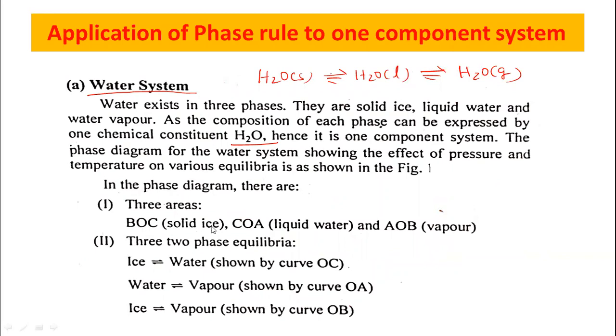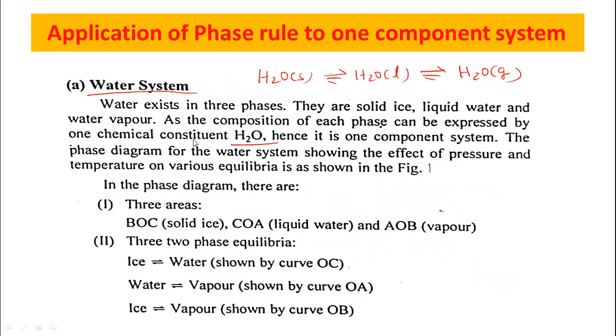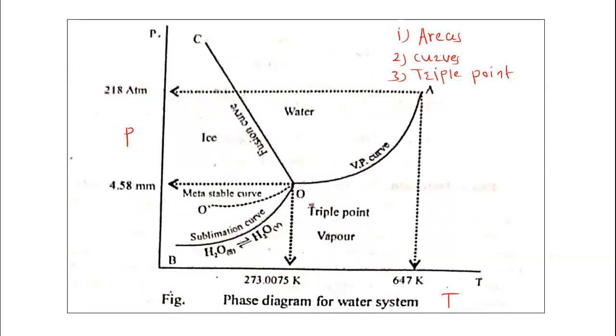Area BOC is for solid ice; water is existing in the solid state, that is solid ice. Then the area AOC or COA, liquid water is existing.